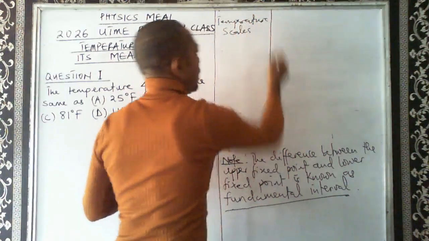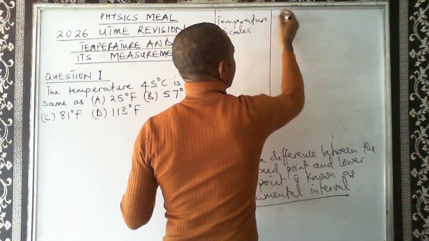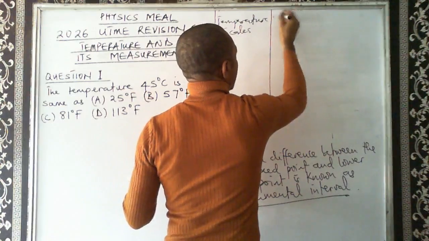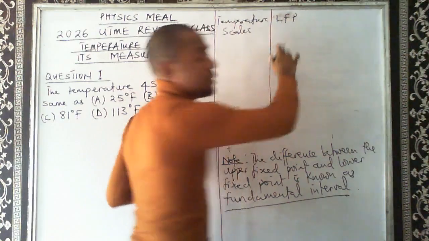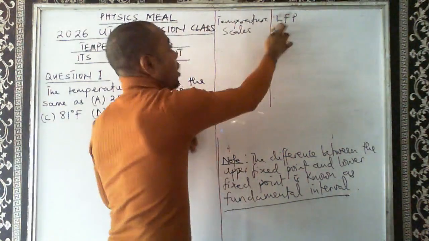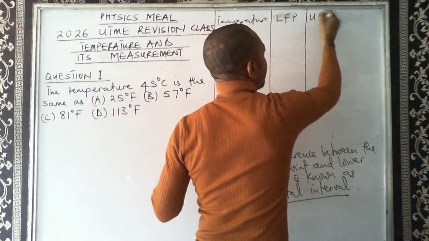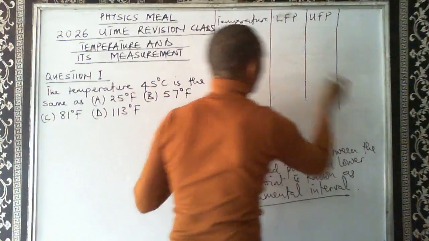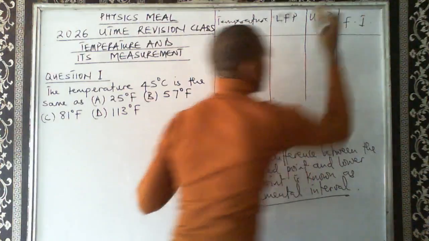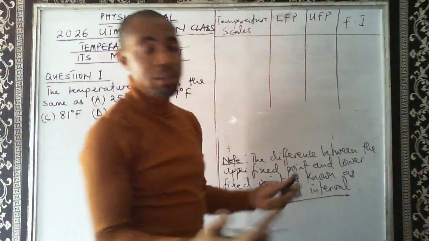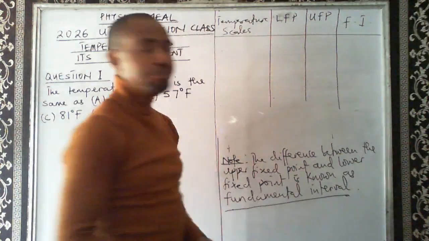Let me use LFP for lower fixed point, UFP for upper fixed point, and FI for fundamental interval. At least we know what they mean.